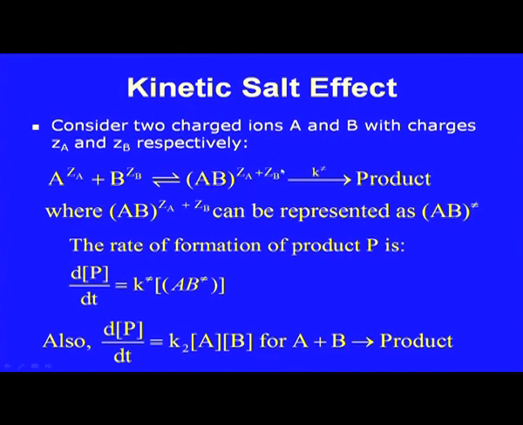So it is a charged species. Okay, so suppose this species does not have any charge, say for example, ZA is 0, ZB is also 0, then this species will not feel any electrostatic interaction, that is, its overall energy is not getting modified, even say if one is plus 1 and another is minus 1. Okay, so suppose we have one ion here, another ion here, one is plus 1, another is minus 1, that means it is like a dipole.